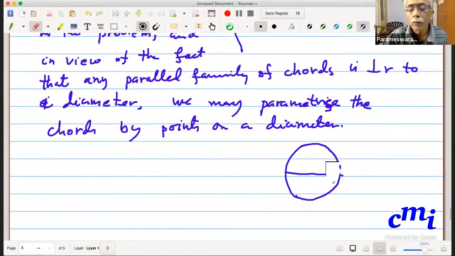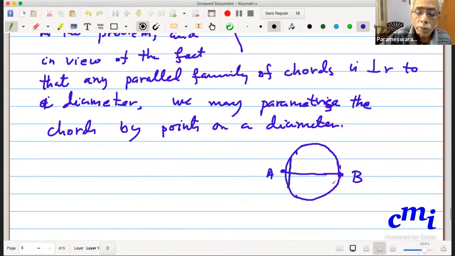I can always look at that. It's enough to look at it because of the symmetry in the problem. So this is my endpoint A, another B. Now just draw chords like this. This is how I parameterize parallel families.